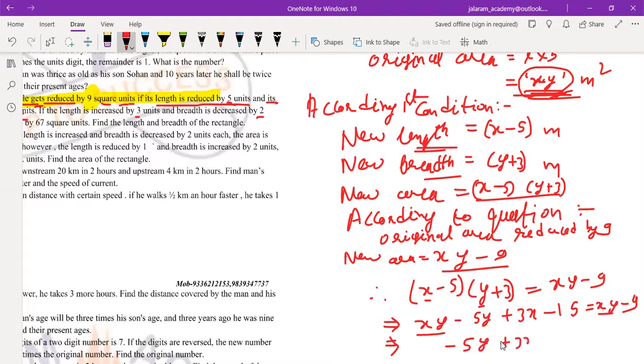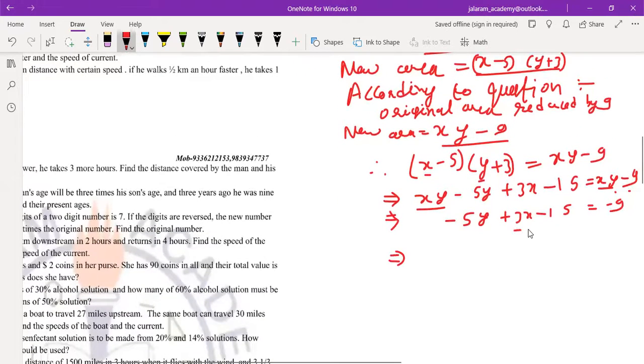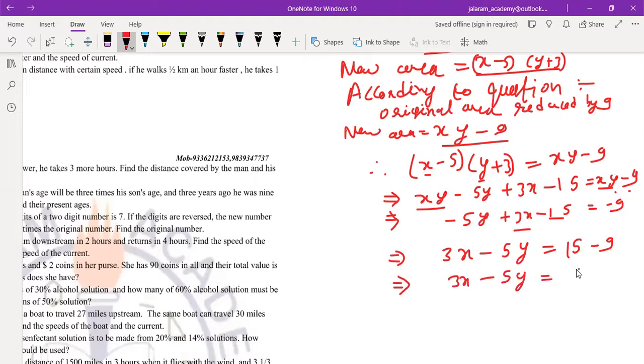So minus 5y plus 3x minus 15 equals minus 9. Read the term with x first, 3x, term with y next, minus 5y, equals minus 15 transferred to the other side, plus 15, minus 9. It implies 3x minus 5y equals 6. Equation number 1.